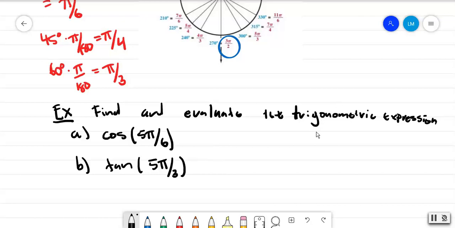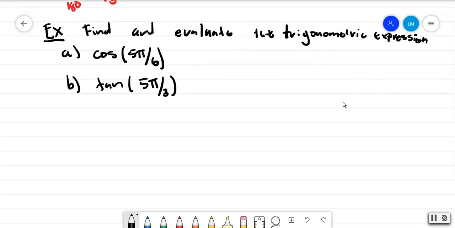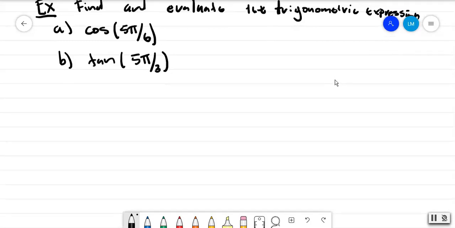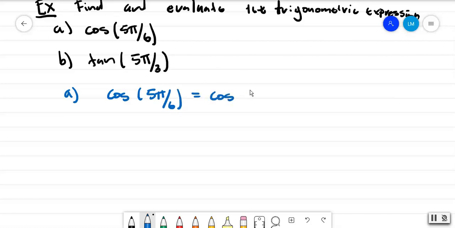Now, there are several different methods that you can do to determine these trigonometric function values. So, one way that we're going to do this is we're going to look at cosine of 5 pi over 6. Now, 5 pi over 6 you can actually convert to degrees.